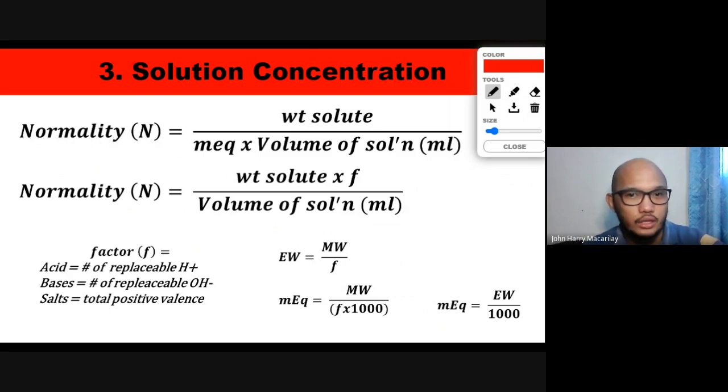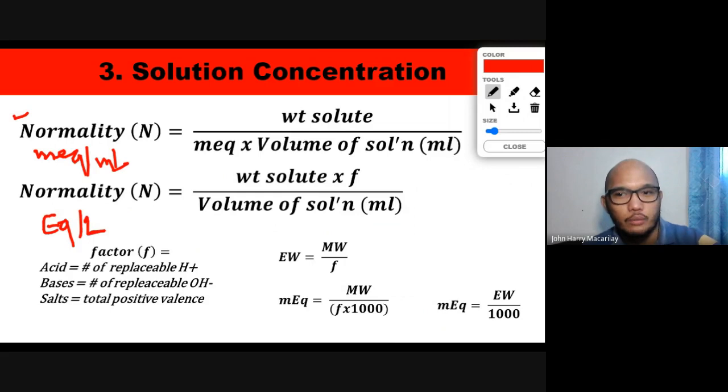The possible units for this one: we have the mEq. If you will use this formula, we have mEq per mL. This one you have equivalents per liter. Or you can make use of the symbol capital letter N, or the normal. Those are the units.